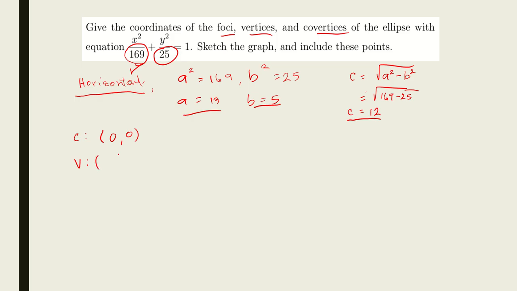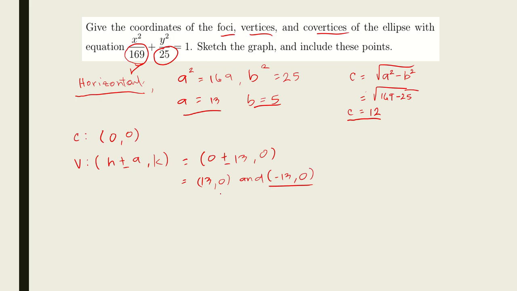We know that the vertices are in the form h plus or minus a, comma k. That is 0 plus or minus 13, comma, the k is 0. The vertices are simply positive 13, 0 and negative 13, 0.